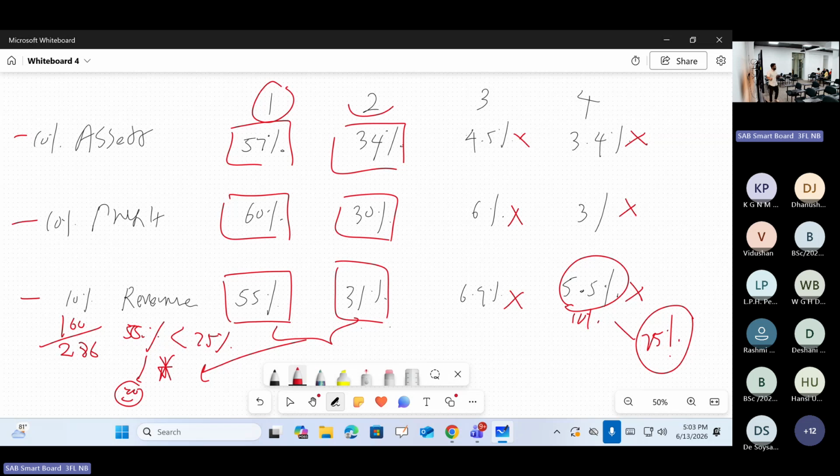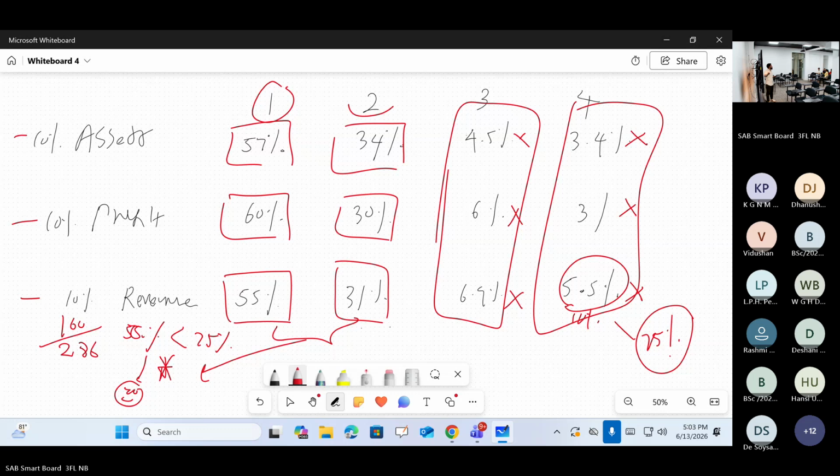Then your judgment: test the 75% criteria again. If not satisfied at this, test again. If it is still not satisfied, you are supposed to recognize all 4 segments as operating reportable segments. Keep that in mind. At this point, segment 3 goes to reportable segments.